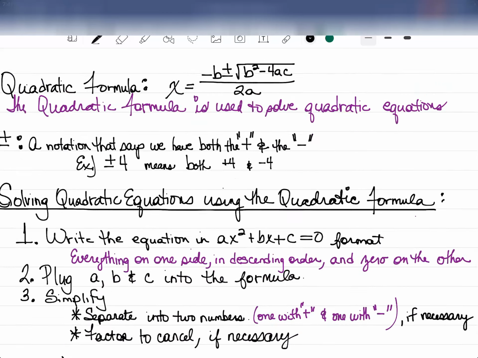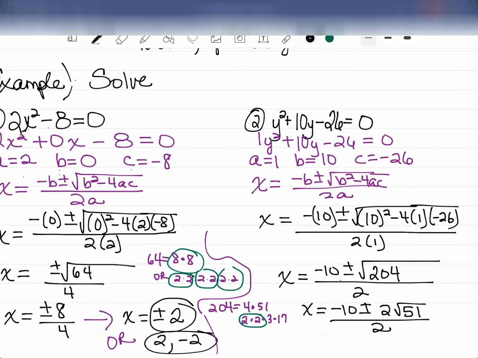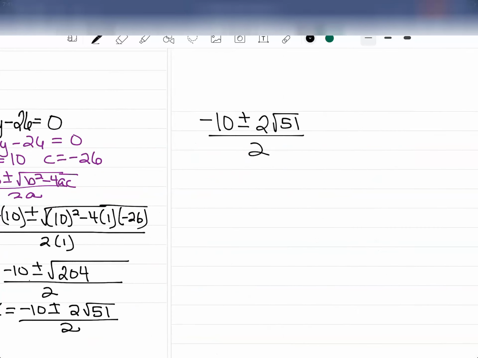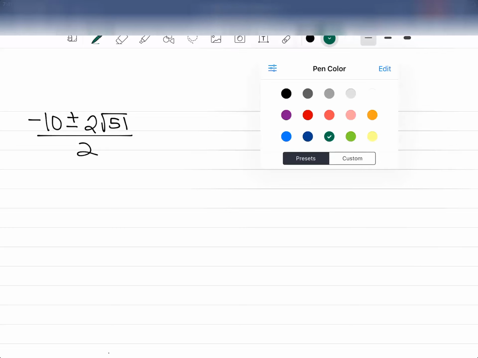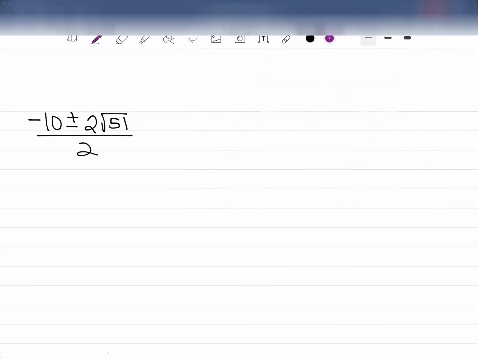That's what we had, right? So I can't combine it. Remember I said sometimes we have to factor. I will have to factor. There's a 2 that I can factor out of the 10, and a 2 I can factor out of the 2 roots of 51. So I factor out my 2.